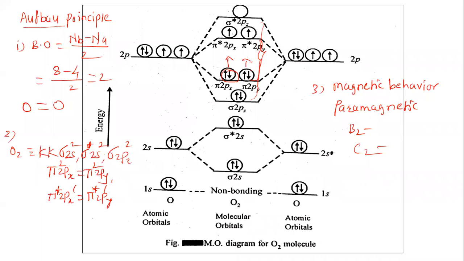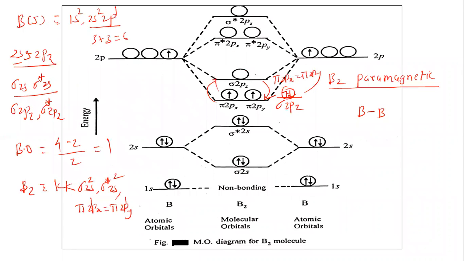In the case of the oxygen molecule, sigma 2pz is at a lower energy level than pi 2px and pi 2py. But in the case of the boron or carbon molecule, sigma 2pz has a higher energy level than pi 2px and pi 2py.